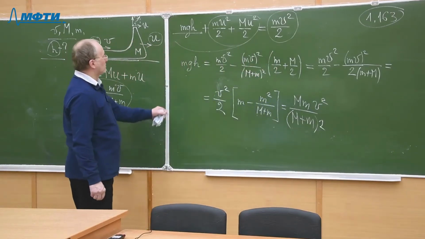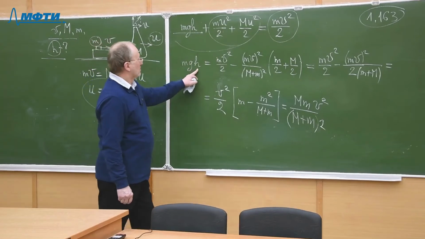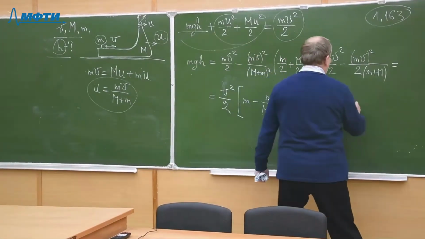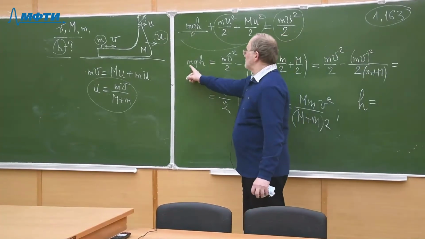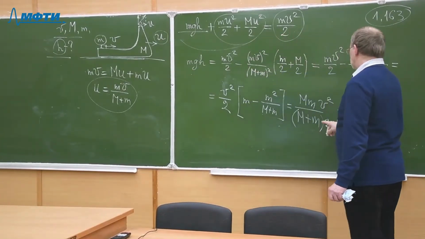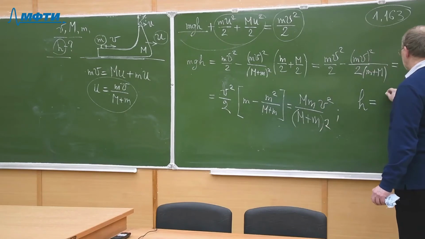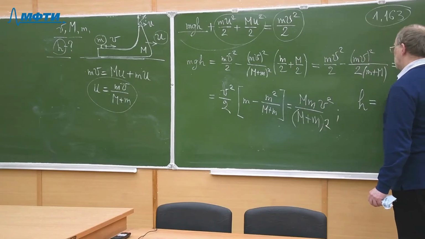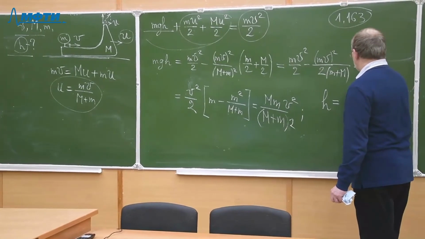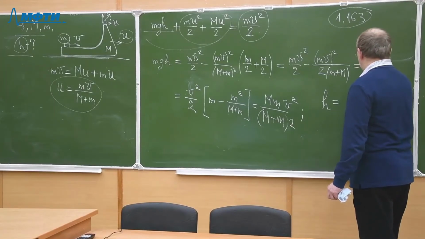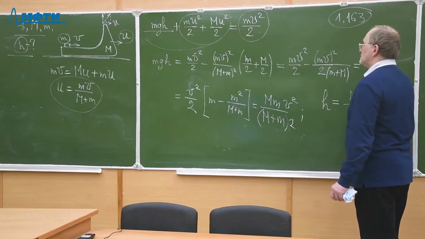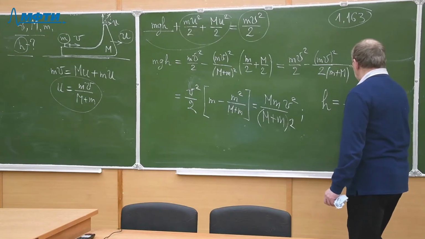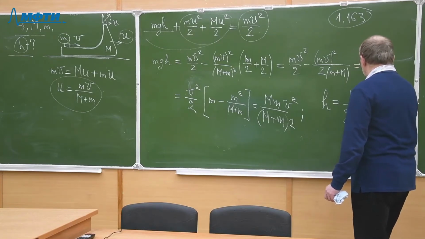And now after that, it's not a problem to find h. We have to divide by small m g. Small m will cancel, and it will be something like capital M v squared divided by g times capital M plus small m.